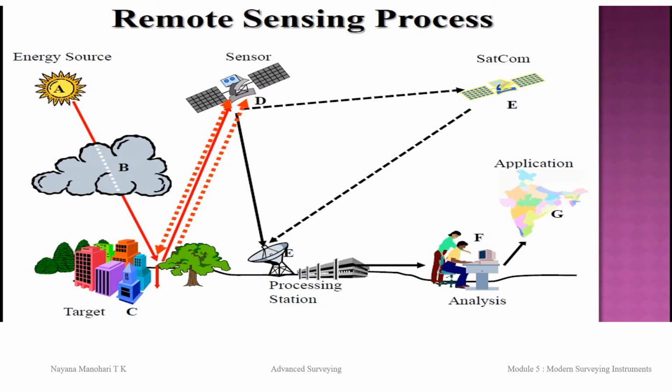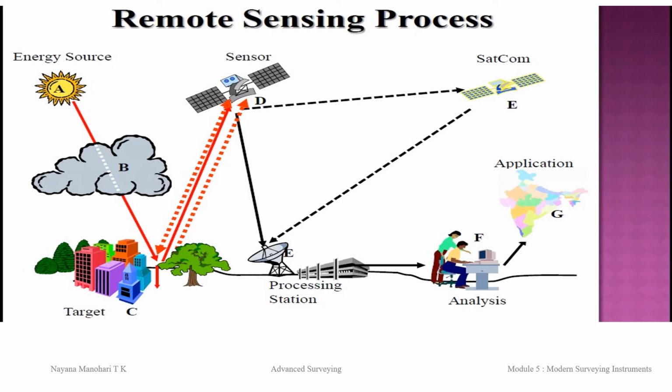This interaction may take place a second time as the energy travels from the target to the sensor. Next is C, interaction with the target. Once the energy makes its way to the target through the atmosphere, it interacts with the target depending upon the properties of both the target as well as the radiation. Depending upon the characteristics of the target, the energy is transmitted, absorbed, scattered, emitted, or reflected from the target to the sensor.